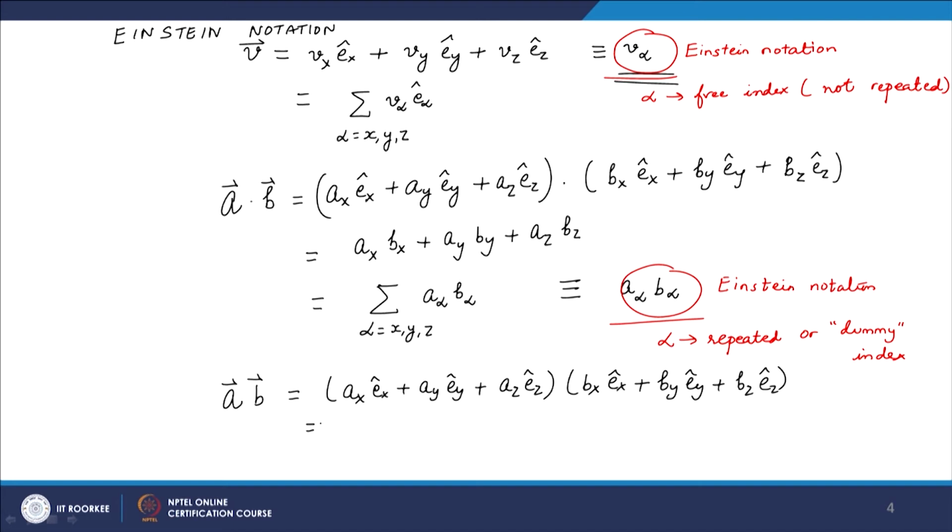And then you can see it will have 9 terms of this sort, which I can again use in summation form as alpha, beta, both going from x to z, A alpha, B beta, E alpha, E beta.